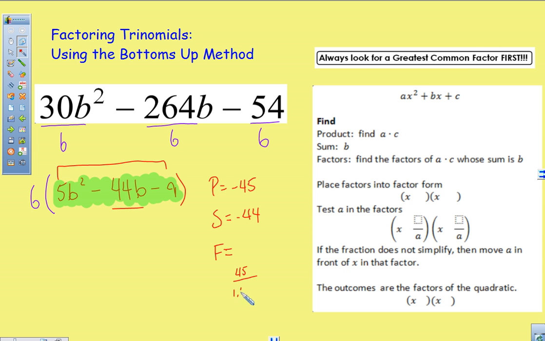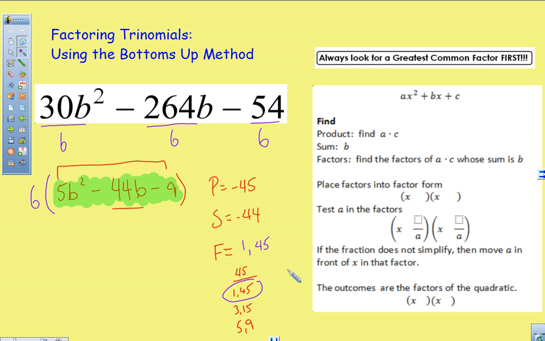So we have 1 and 45. 2 doesn't go. 3 and 15. 4 doesn't go. And 5 and 9. So those are our numbers that will divide into 45. So out of this list of numbers right here, what set of numbers can be added or subtracted to give me negative 44? So 1 and 45.